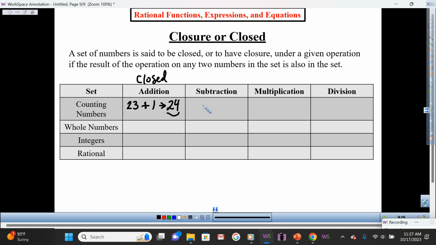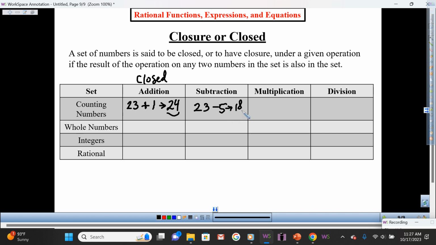Let's go to subtraction. Give us another number, Anthony D. 20. Minus, let's see, Jaden, 5. That gives us 15. Is 15 a counting number? Yes.